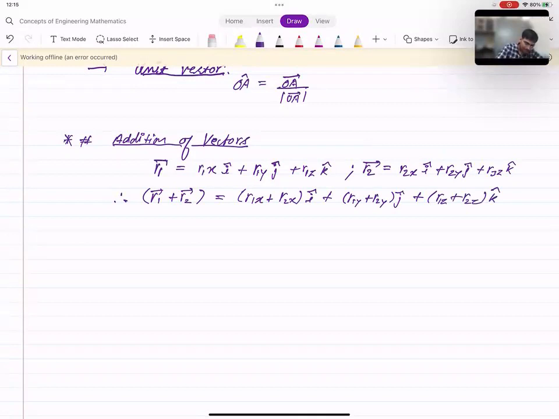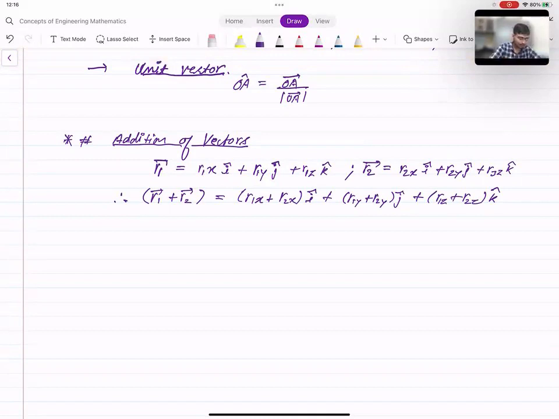So in this way, the two vectors are added. Let us also see geometrically how this happens.